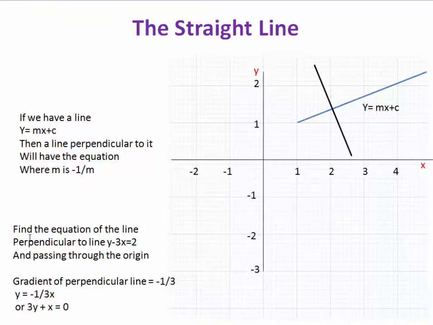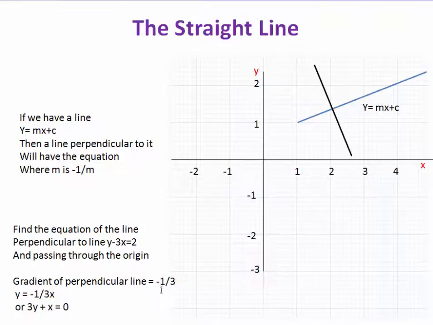Here we're asked the question, find the equation of the line perpendicular to the line y minus 3x equals 2 and passing through the origin. So we're going to use the equation y equals mx. So the gradient of the perpendicular line, the gradient here is 3.